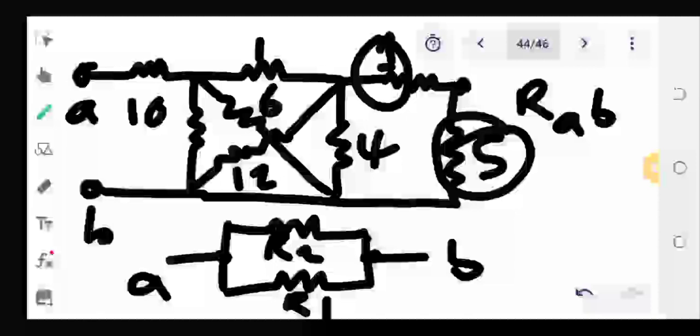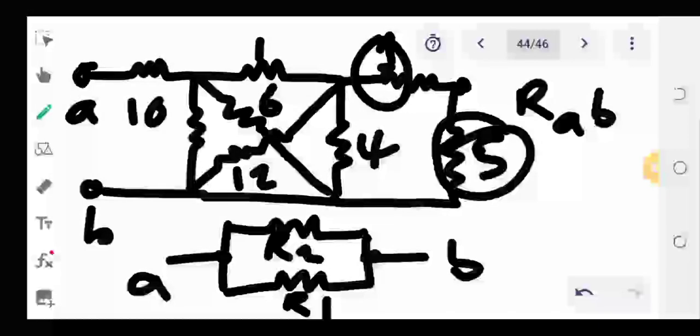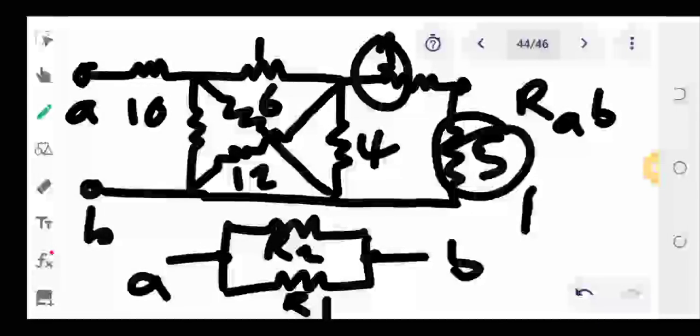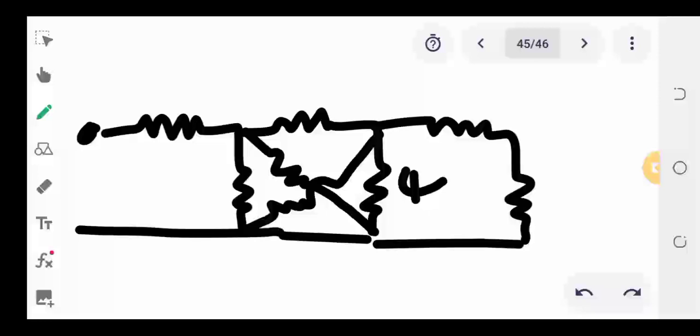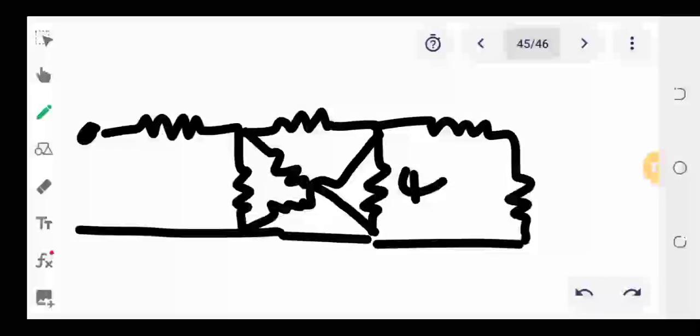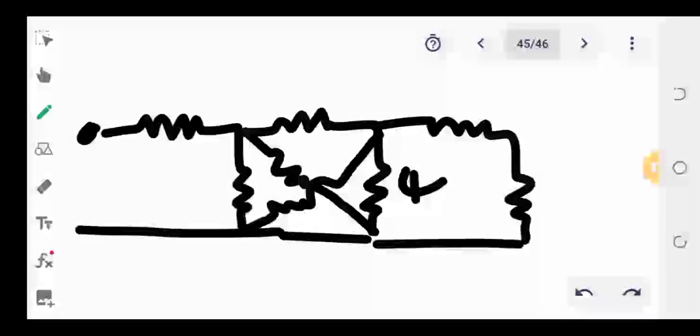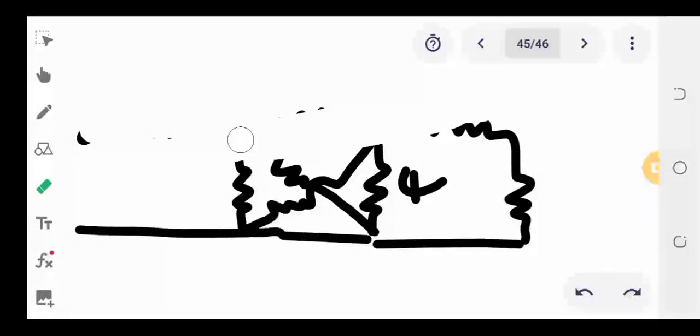So let us move to the next page. I have the 5 ohm resistor in series with a 1 ohm resistor. So there I get resistance equal to 1 plus 5, because in series we add.